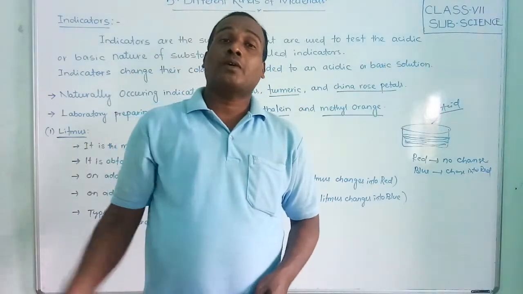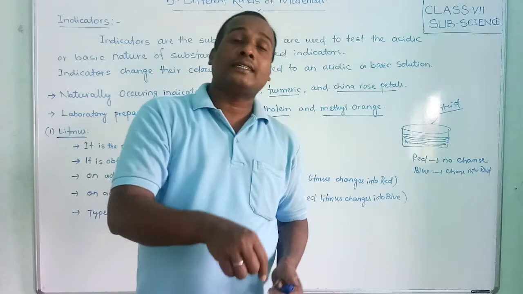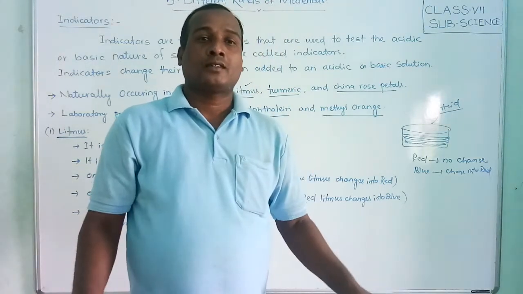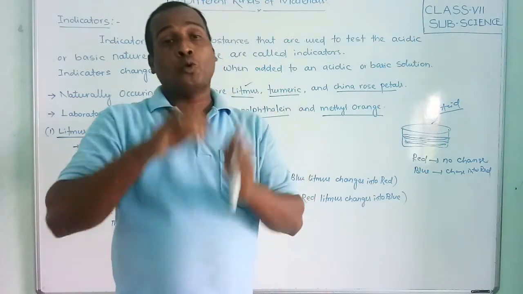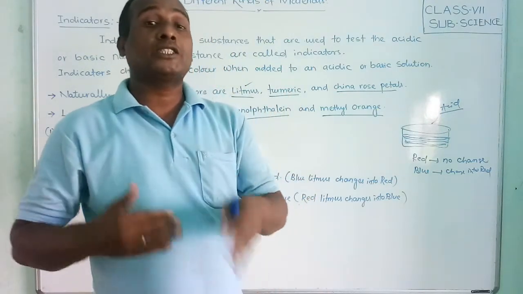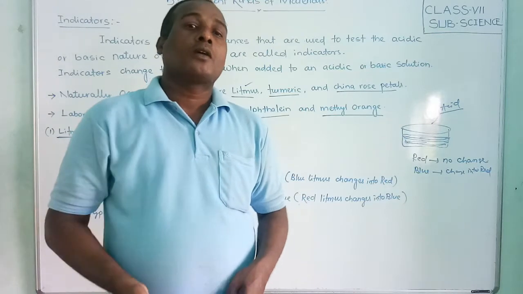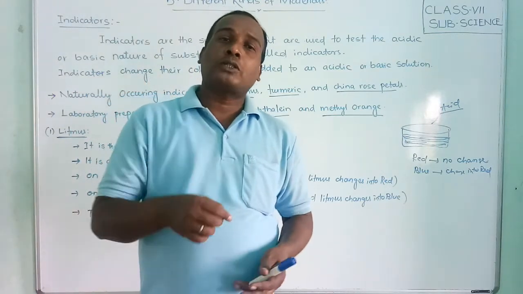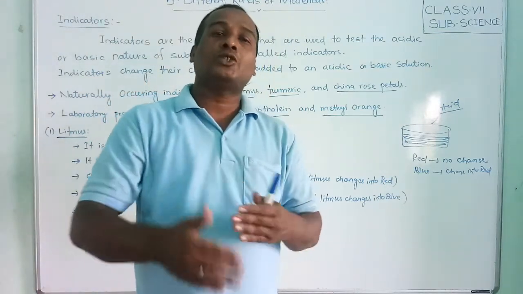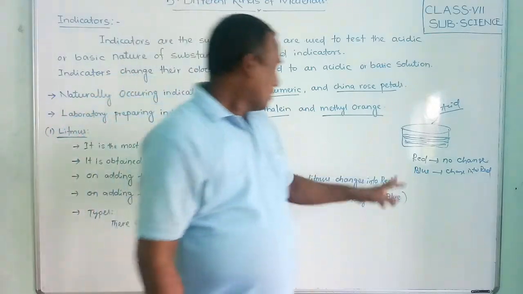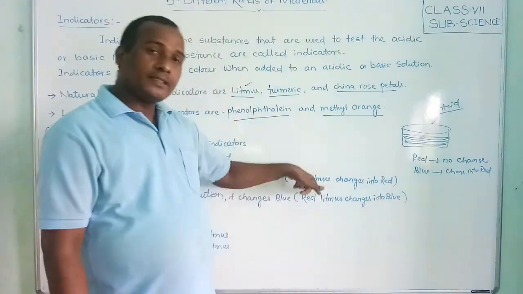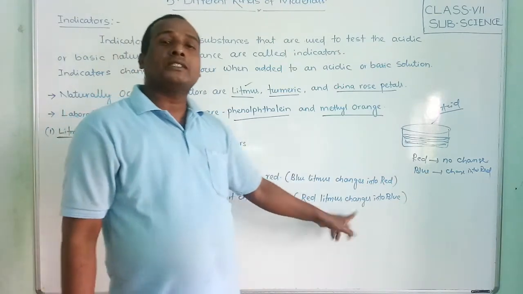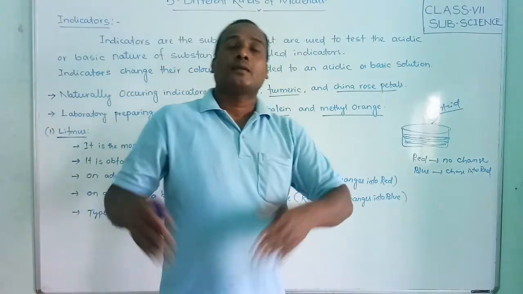Red litmus paper put in an acid, there is no change. But red litmus paper put in a base changes into blue. Blue litmus put in an acid changes into red. So blue litmus changes into red in acid. Red litmus changes into blue in base.